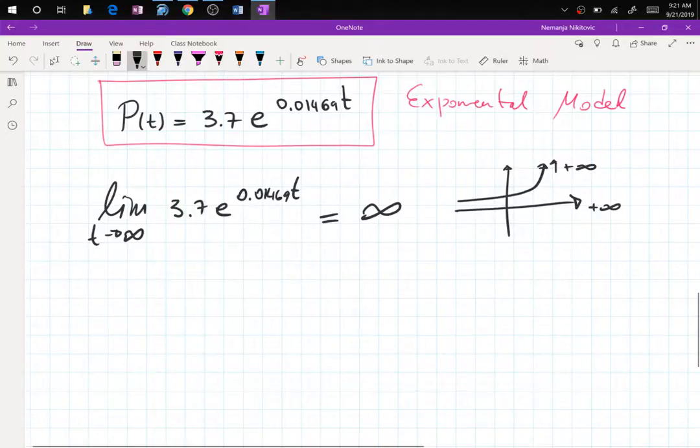The reason why it's not that great is because the planet has a finite surface area, right? Yes, it's big. Well, it's big in comparison to this room, but it's actually not that big. Consider the sun, for instance, the size.